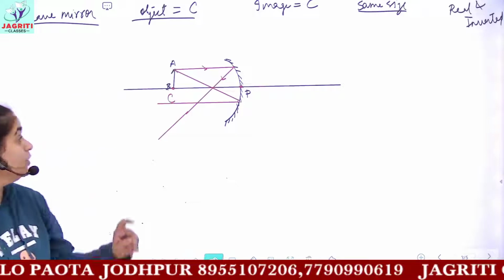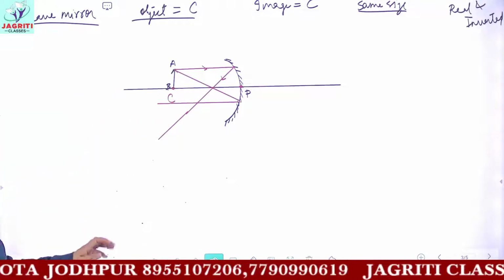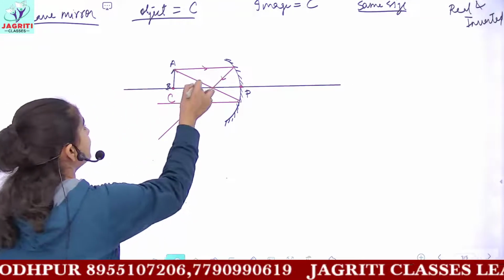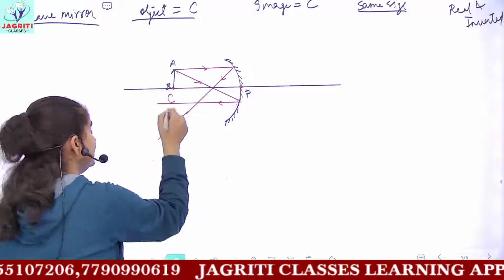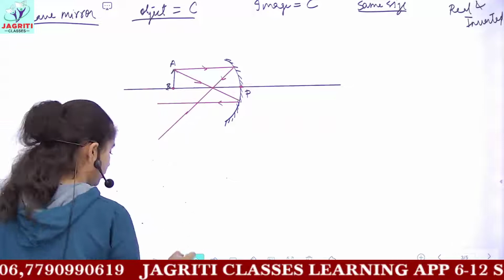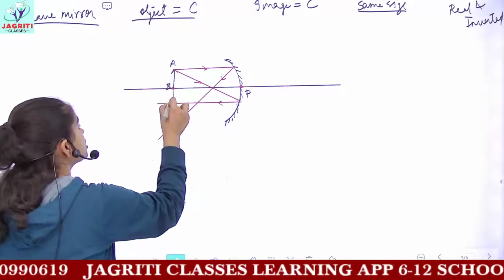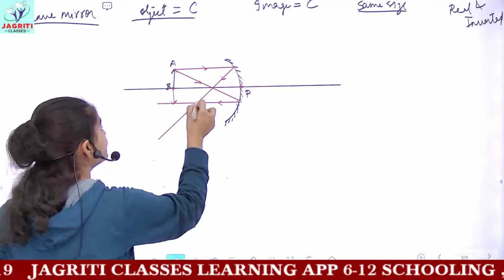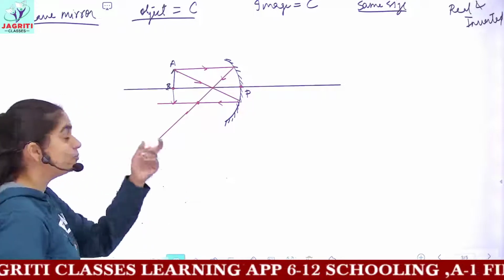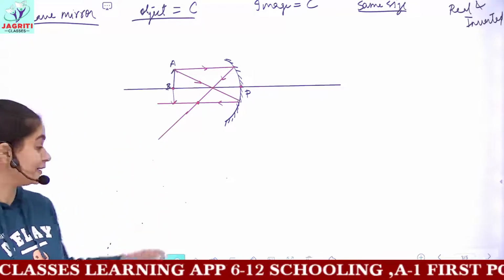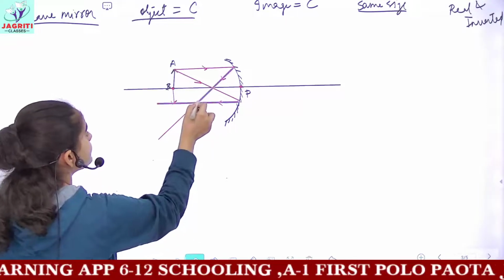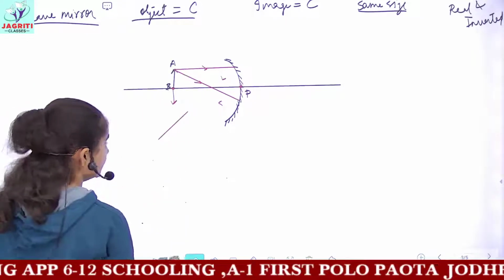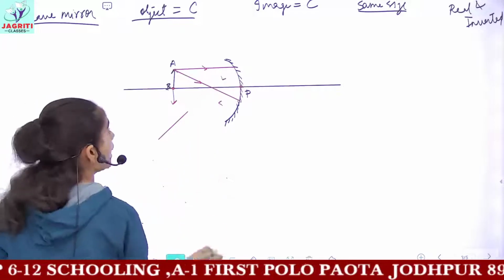And see, when we make these light rays, where are they intersecting? They are intersecting here, but I need the image to form at this position. But they are intersecting at this point. So this will require a lot of practice. Now you have to adjust these light rays so that they intersect not at this point but at the required point. So how do we adjust it?